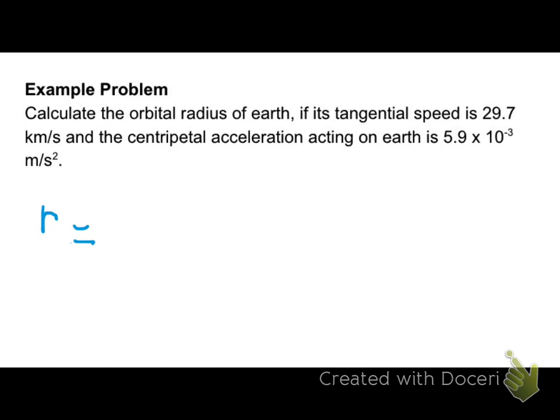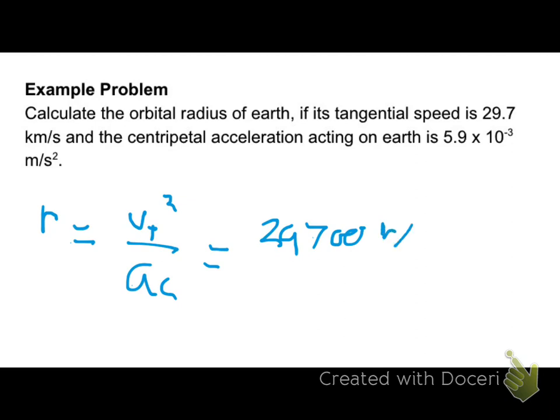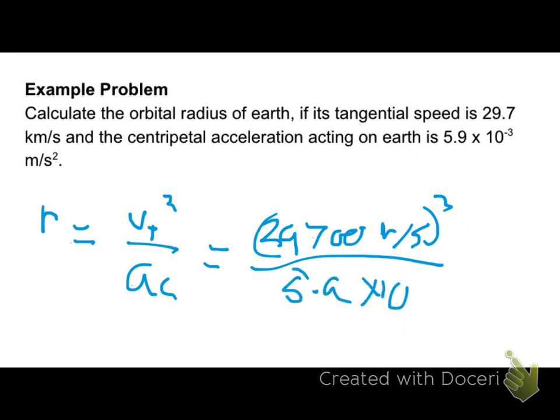So we wind up with the equation R is equal to v_t squared divided by a_c, the centripetal acceleration, and then we can simply plug our numbers in: 29,700, that's meters per second, and then we want to square that, and then divide that by our 5.9 times 10 to the negative 3, and you should come out with 1.5 times 10 to the 11th meters, or if you converted it back into kilometers, it would be 1.5 times 10 to the 8th kilometers.